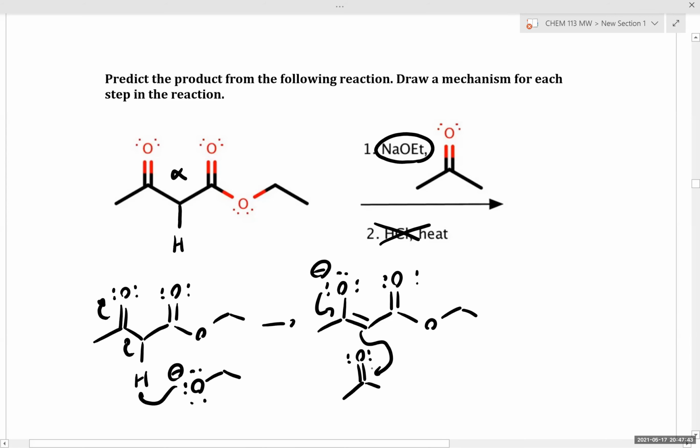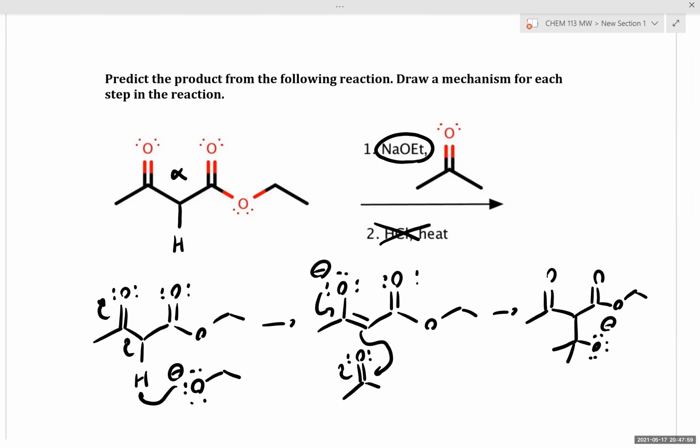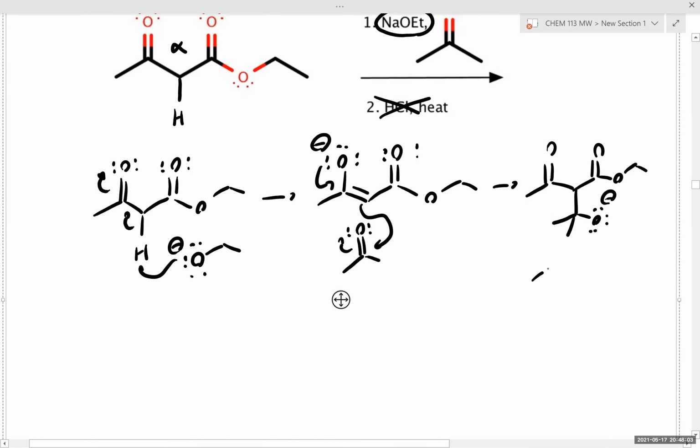From here, our enolate can attack the carbonyl carbon and generate our desired beta hydroxyketone precursor.